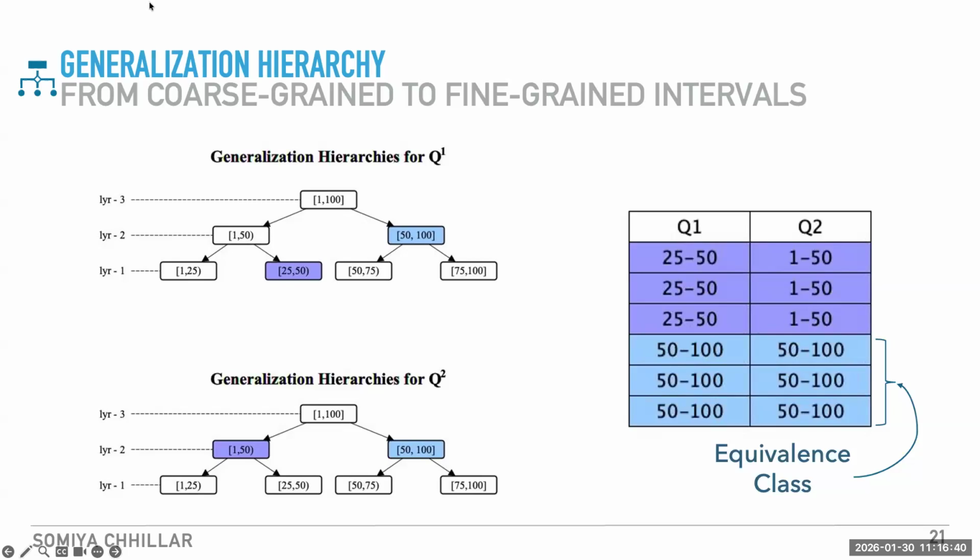Now this data set has two equivalence classes of size 3, so we can say it's k-anonymized, where k is 3. In general, a data set is said to be k-anonymized if it has at least k indistinguishable records in each equivalence class. So the size of equivalence classes can be greater than k, but they should not be less than k.